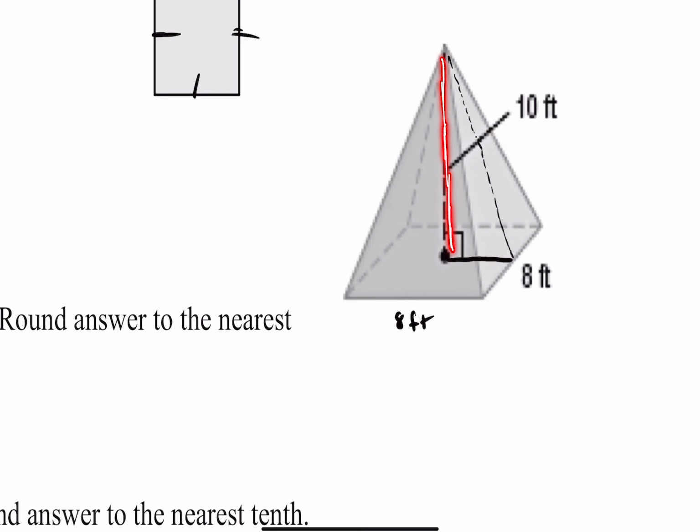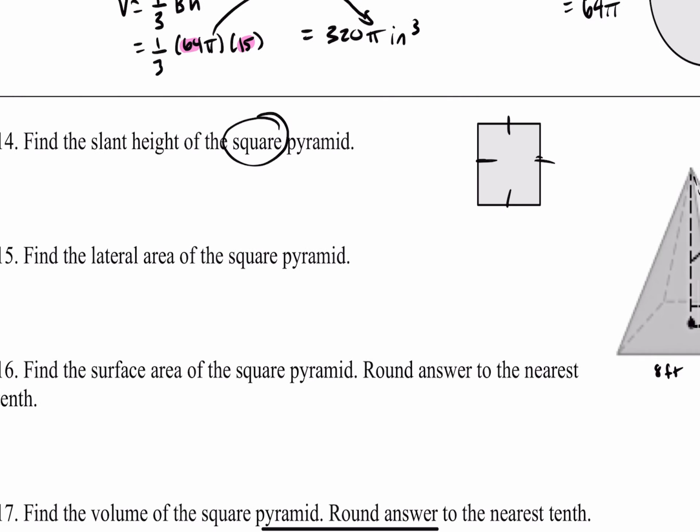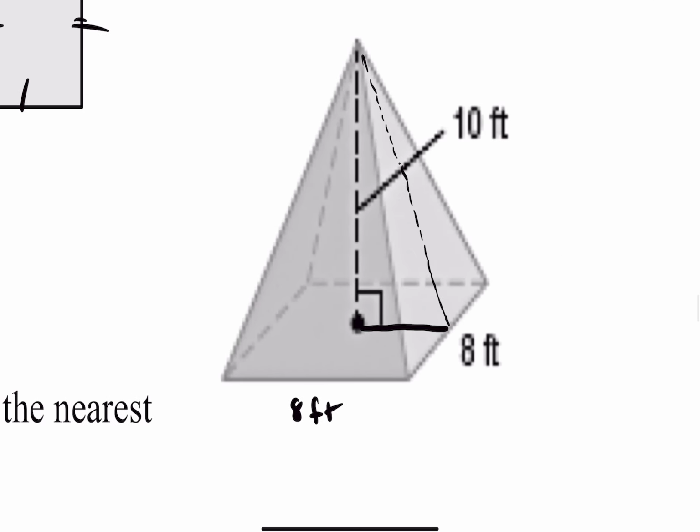All right, so what do we see? This is 10 feet. This is, well, I don't know. That's what we're trying to figure out, right? The slant height. That is going to be our cursive letter L there. And then, how long is this? Well, if it's from the center to one of the sides of that pyramid here, well, if this is 8 and this is the center, I'm just going to be dividing by 2.